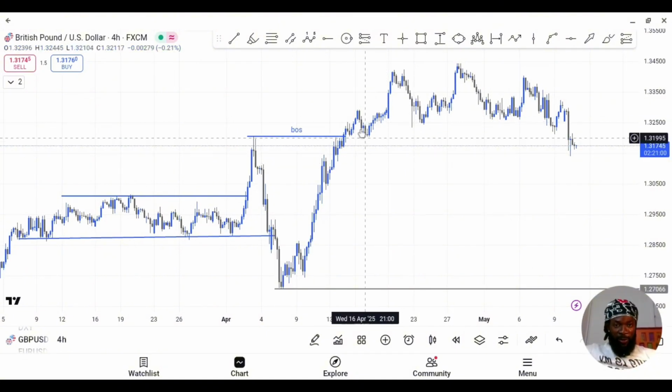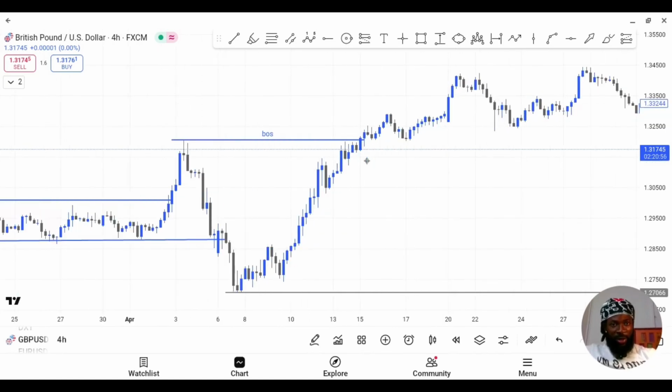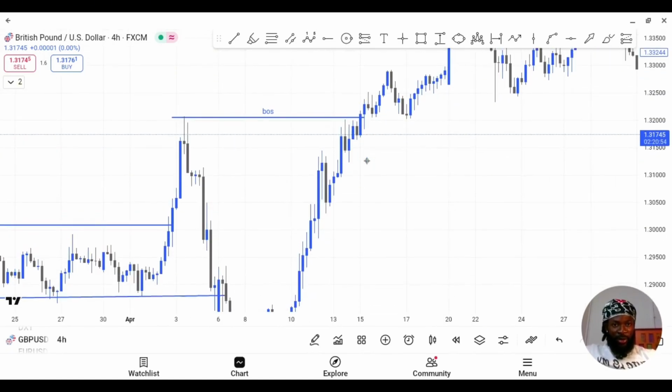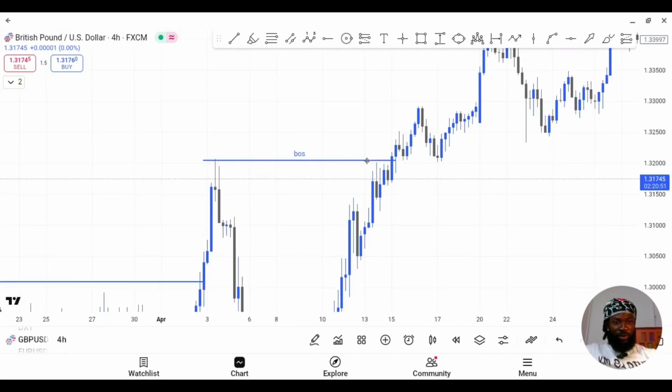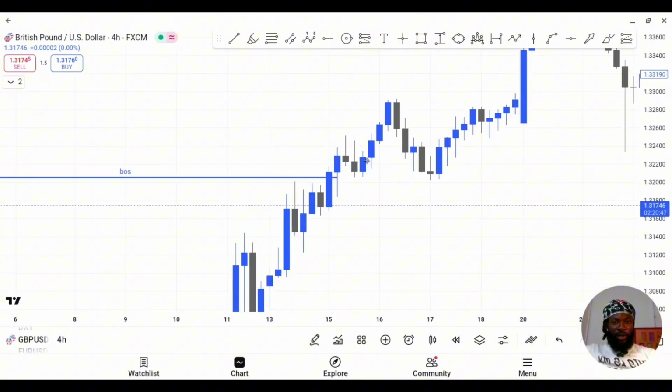Let's look here if it meets our criteria, if this is a real pullback or not. Let me just zoom in because I'm not really seeing it properly. Okay, let's mark it.